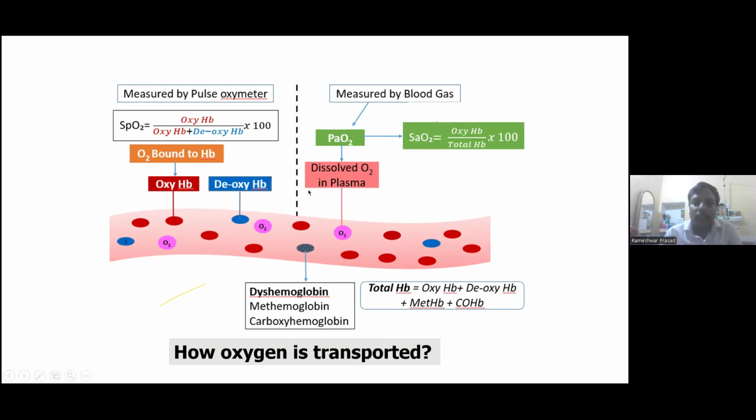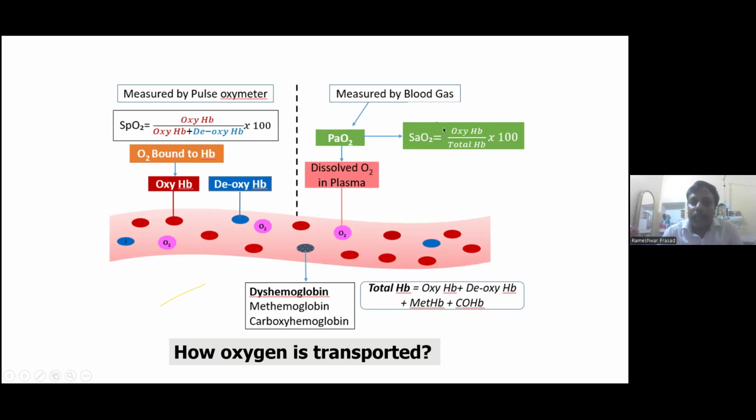And this dissolved oxygen is measured by PaO2, which is measured by blood gas. Now, there is another value in your arterial blood gas called SaO2, saturation of arterial oxygen. It is the ratio of oxyhemoglobin divided by total hemoglobin.